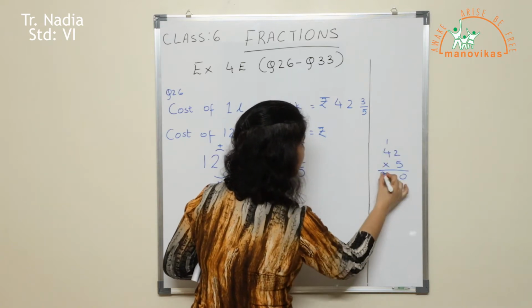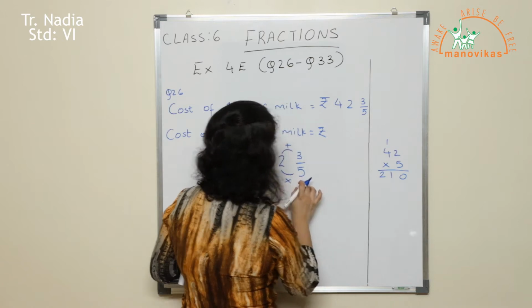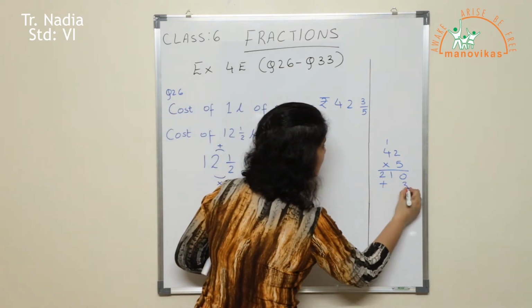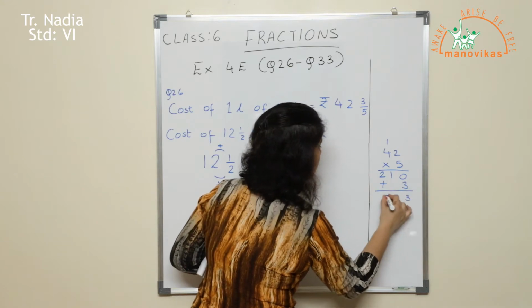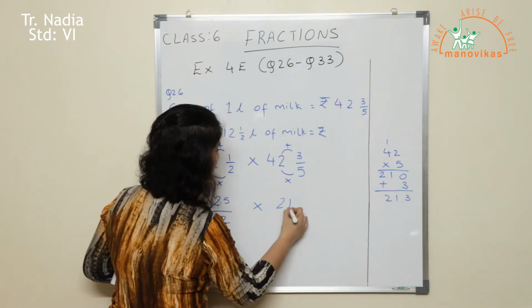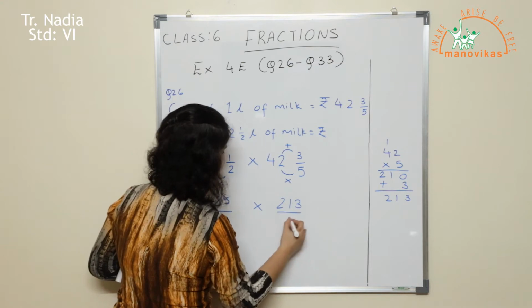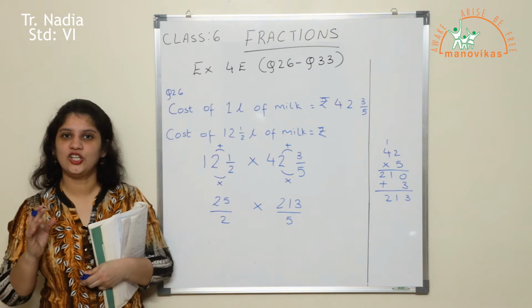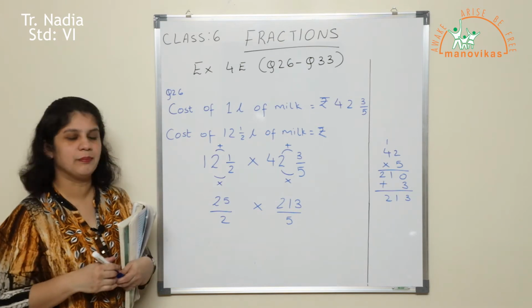Make use of your rough column to do all this rough work. So 5 multiplied by 42 is 210 plus 3 is 213 upon 5.